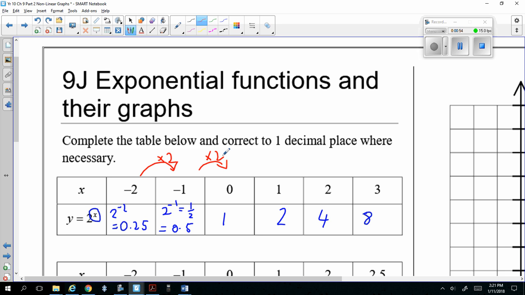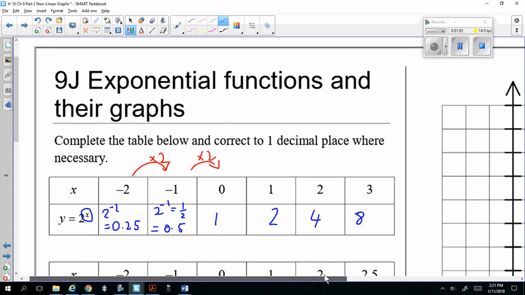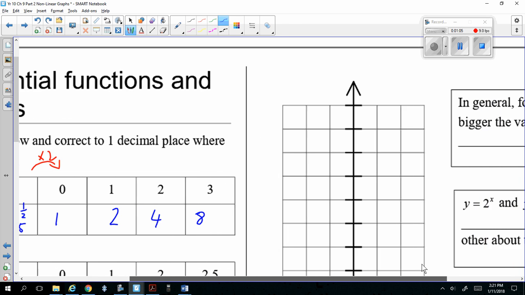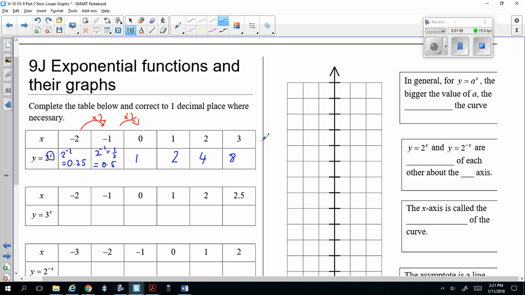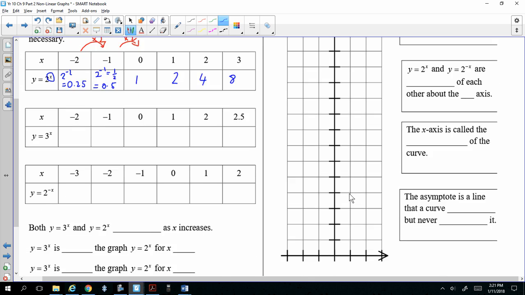Okay, so let's plot the points on the graph. Let's make it a bit bigger. Alright, and let's write down the numbers. The numbers are, let's go up by 2s.